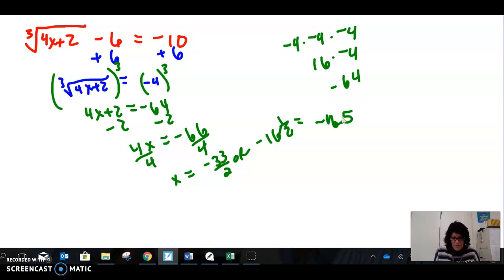If you take negative 66 divided by 4, you get negative 16.5. Or you could write it as negative 16 and a half or negative 33 over 2. And then I would put that back in and make sure that I get negative 10.